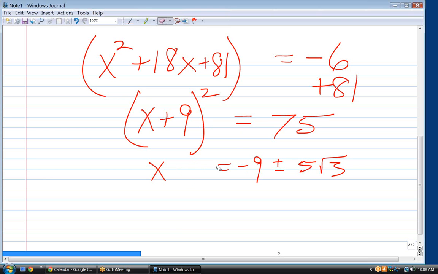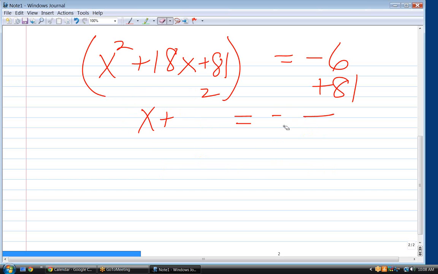Okay? So you know how to complete the square when x has a coefficient of 1. Do you have any completing the square problems where that coefficient is greater than or less than 1? No. Really? They're not going to give you that level of difficulty. I'm surprised. We're not allowed to use calculators on this test.